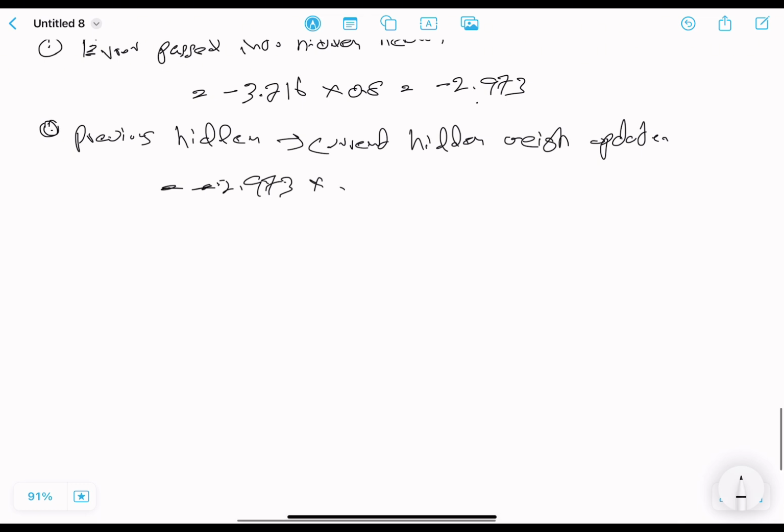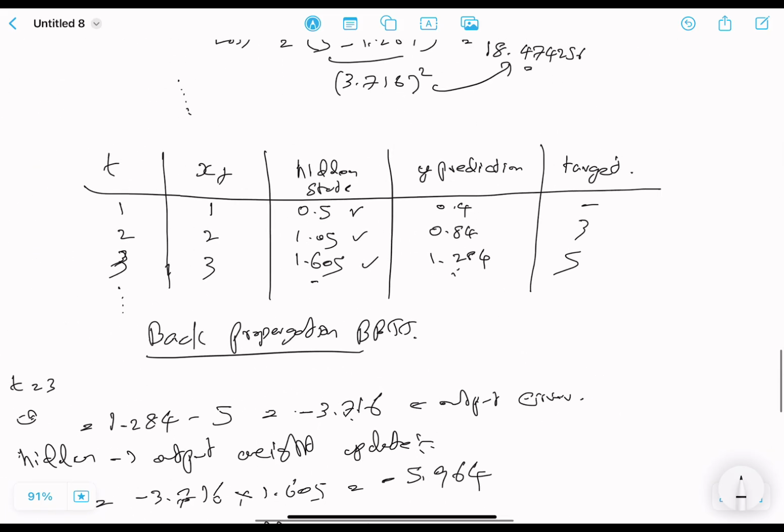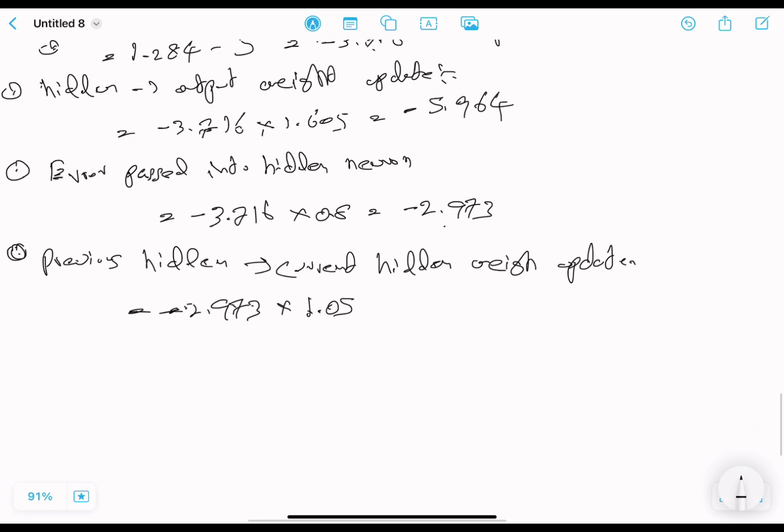So 1.05. If you look at the table, you can see this is 1.05, and it equals minus 3.121.